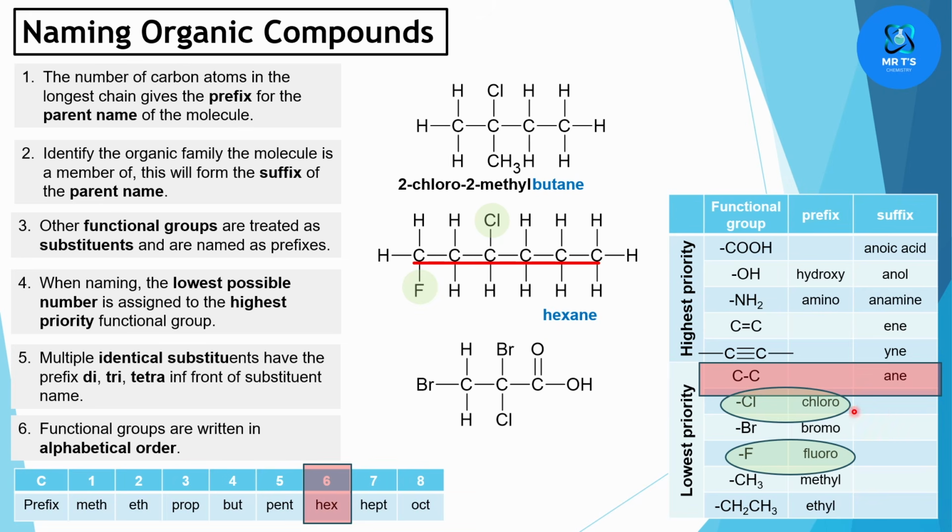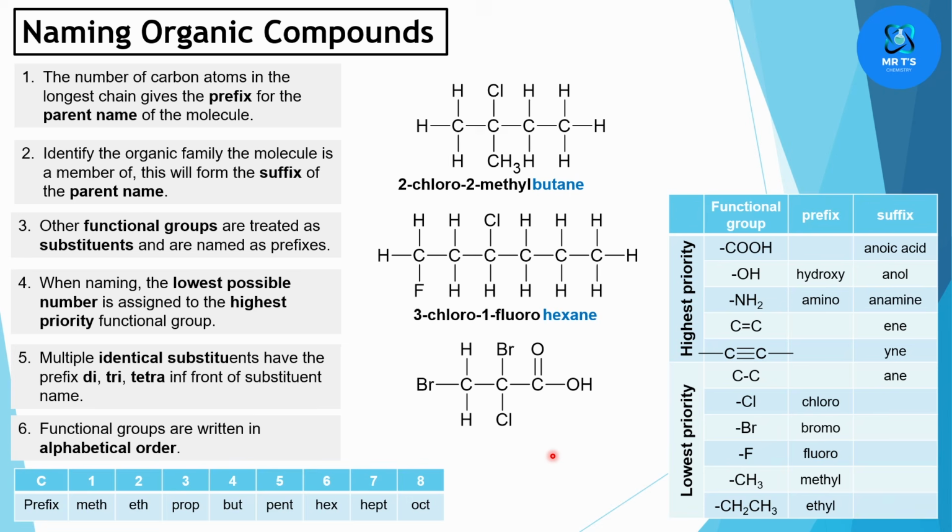Now, if we look at these two, chloro comes before fluoro in the alphabet, so we number this first: 1, 2, 3. Even though the chloro has a higher number, it is going to be written first because we have to write it in alphabetical order. So we have 3-chloro, 1-fluorohexane.